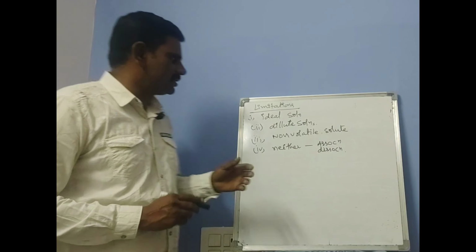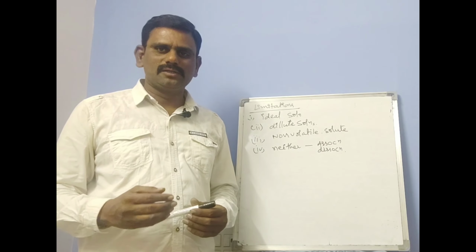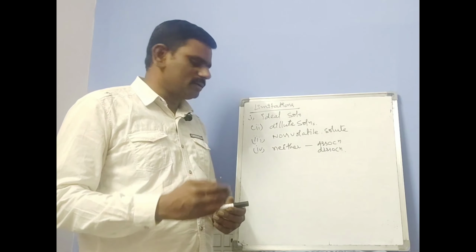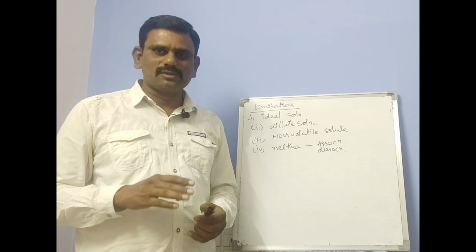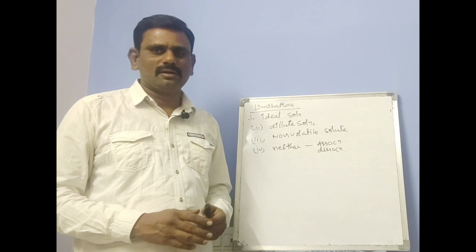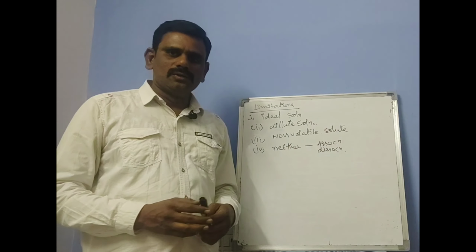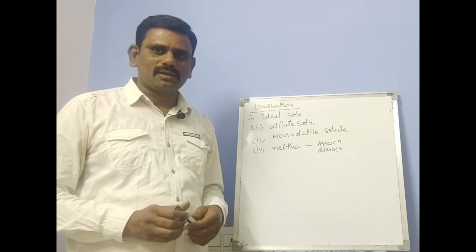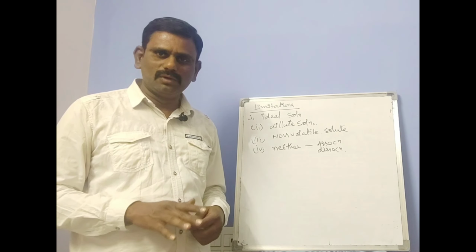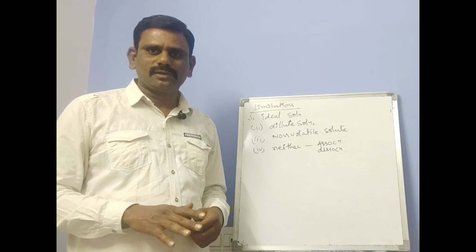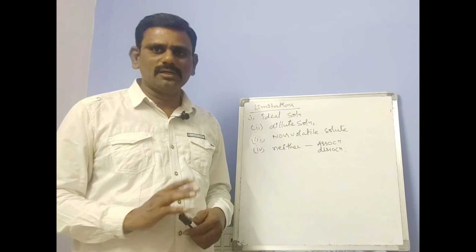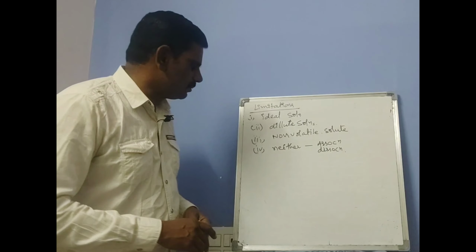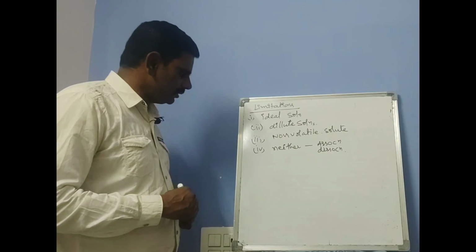Raoult's law is applicable to ideal solutions. Raoult's law is applicable to dilute solutions. Raoult's law is valid when non-volatile solute is added to the solution. Raoult's law is applicable only when the solute undergoes neither association nor dissociation. So this is about Raoult's law, right?